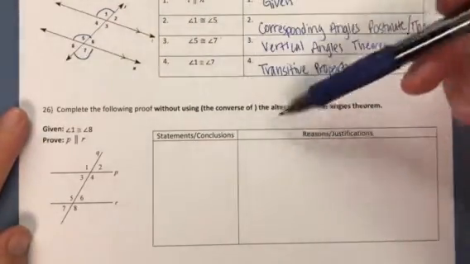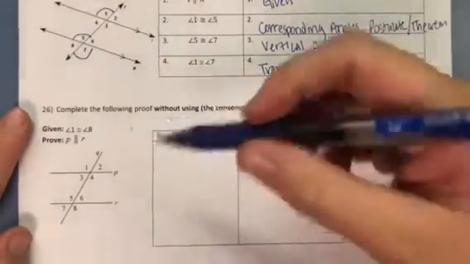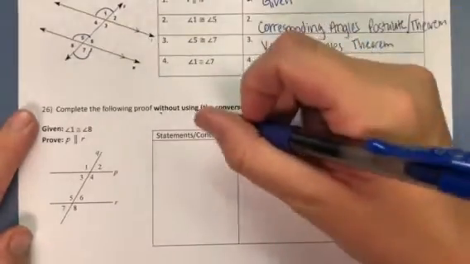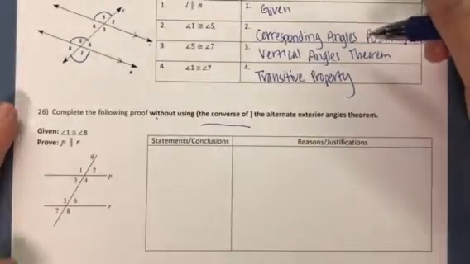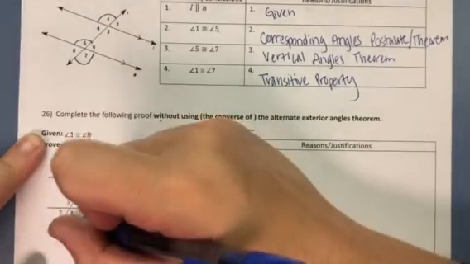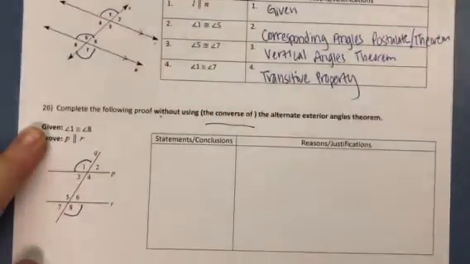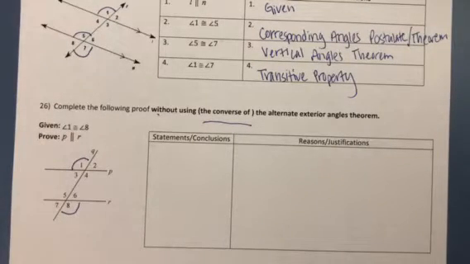The converse of that tells me that if these are congruent, these lines are parallel, but I'm not allowed to use that particular converse. So I've got to find another one. All right, so our given statement is that 1 and 8 are congruent. And I just need to come up with some other congruency that must be true here.